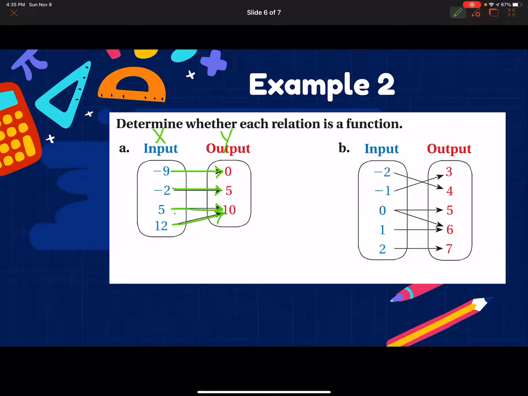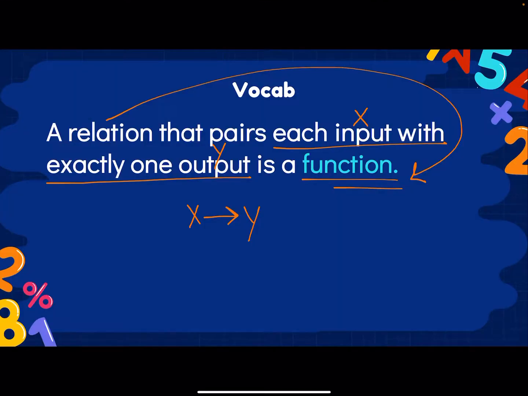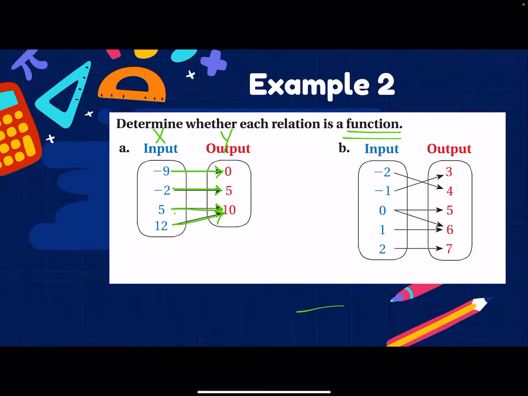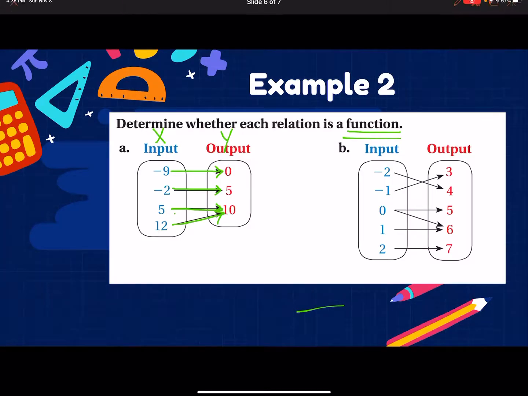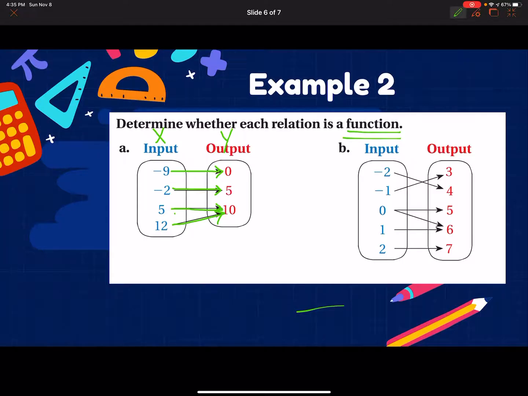Now remember, if it is a function, and we can go back and look at our previous notes, each input, so each x, has exactly one output. Are any of our x's being repeated? Look at your x values. You have a -9, a -2, a 5, and a 12.